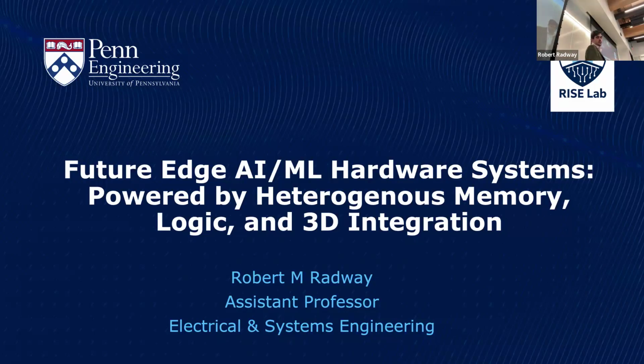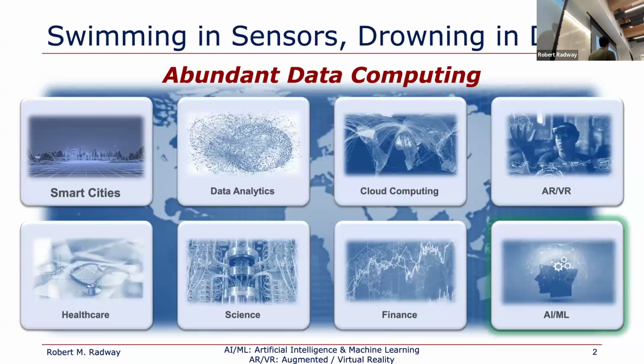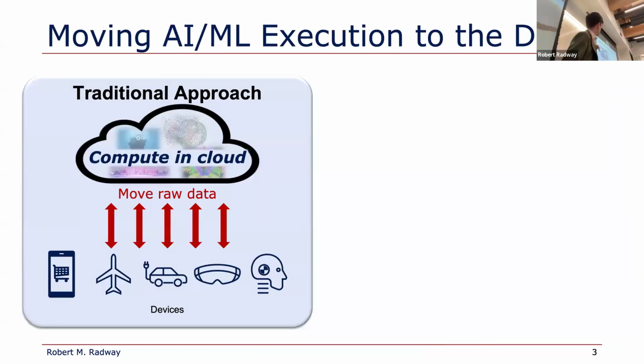Now, I know a big focus of the course here has been on ML, but in general, a lot of what I'm going to talk about today applies beyond just machine learning. So thinking about how we take the massive amounts of data that we generate in today's society and use them to power changes in healthcare, in scientific computing, things like augmented and virtual reality, and also specific machine learning applications.